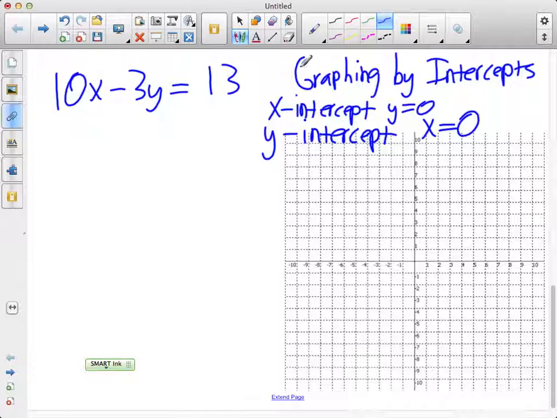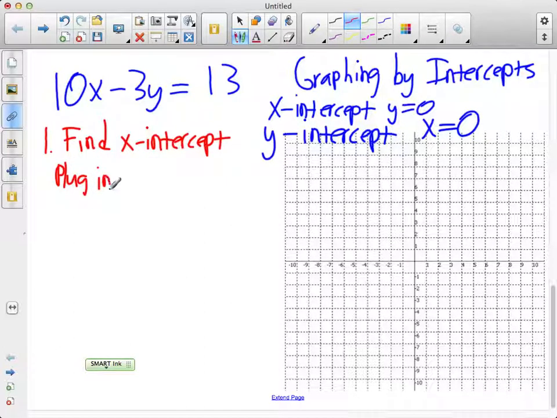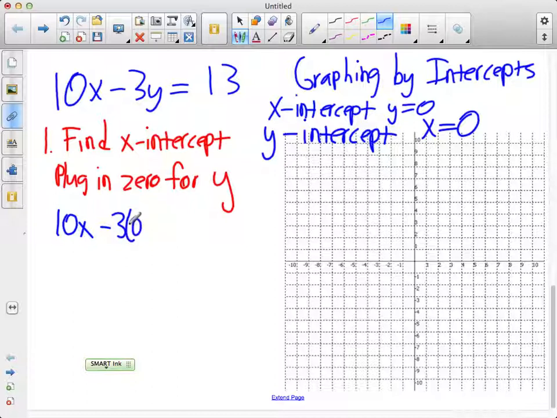So to find the x-intercept, we're going to plug in 0 for y, because at the x-intercept, y is equal to 0. So now we have 10x minus 3 times 0 equals 13. Obviously, 3 times 0 is 0. So we have 10x equals 13, and divide by 10.